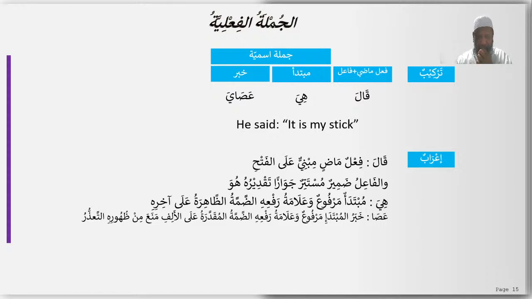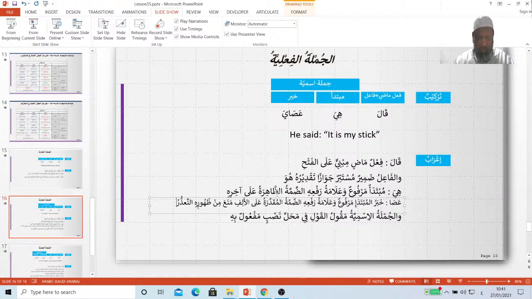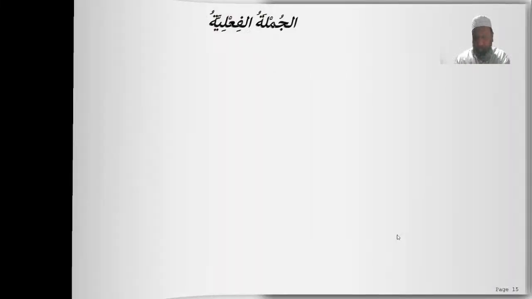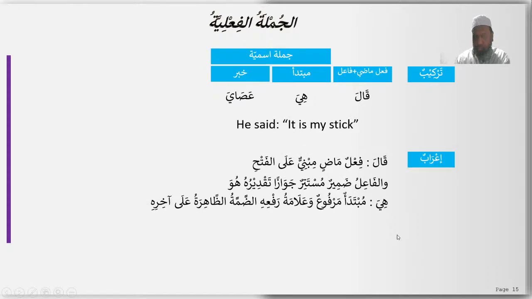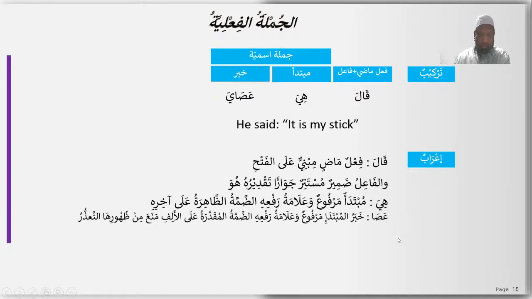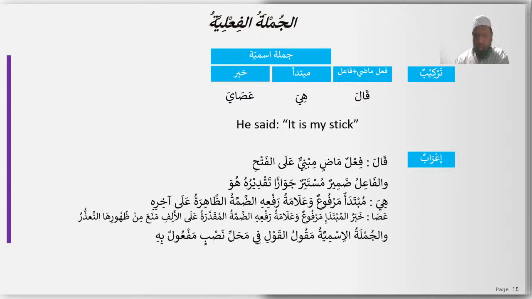It is a dhamma, isn't it? So من ظهورها with the ha there. عصى خبر المبتدأ مرفوع وعلامة رفع الضمة المقدرة على الألف منع من ظهوره التعذر. والجملة الاسمية مقول القول في محل نصب مفعول به.